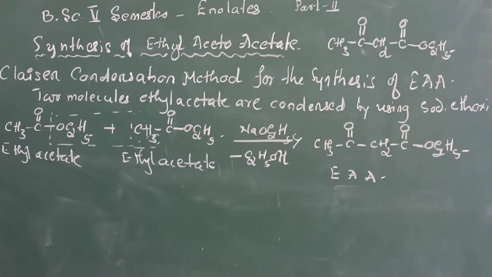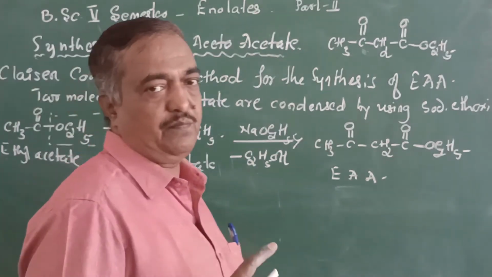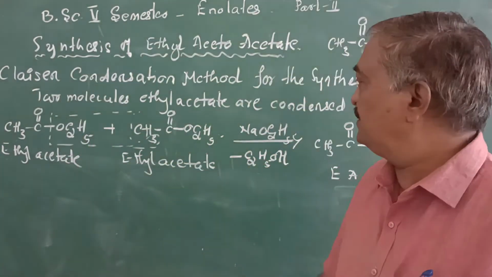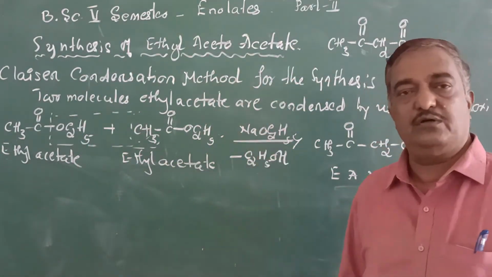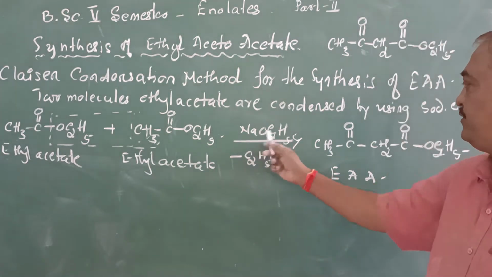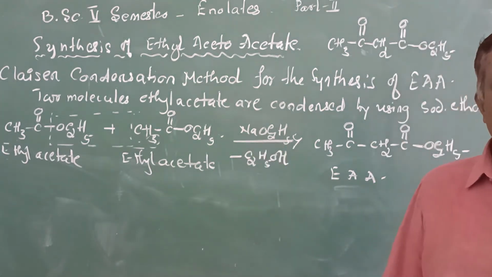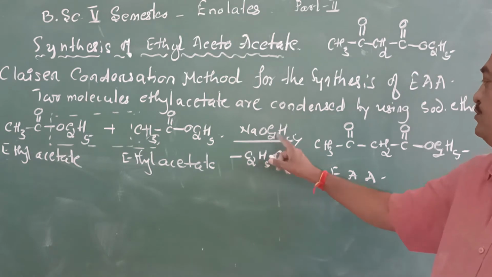Now, to explain the mechanism of this reaction, we have to know a step-by-step analysis. The first step is the ionization of sodium ethoxide, which gives Na+ and OC2H5-.